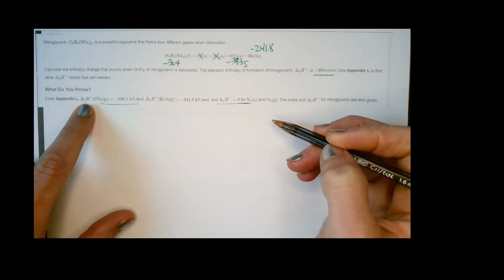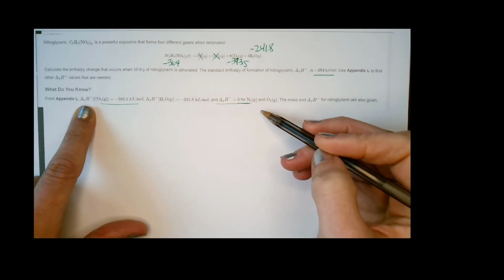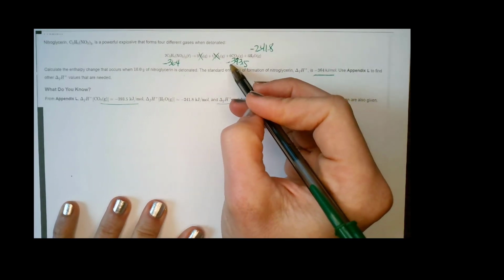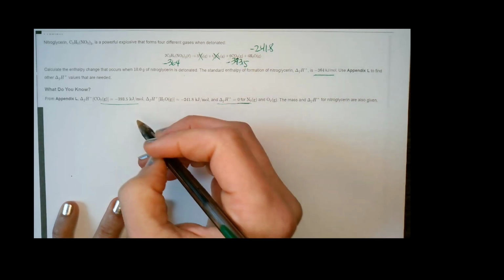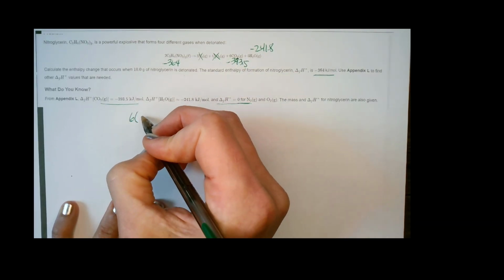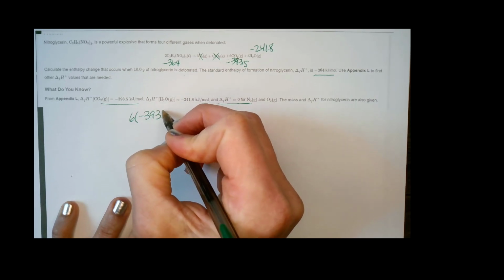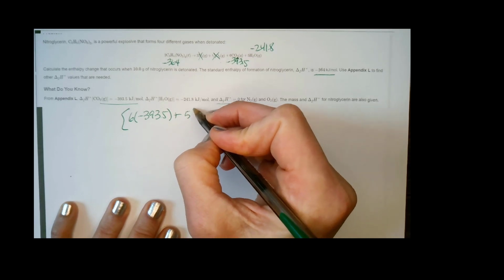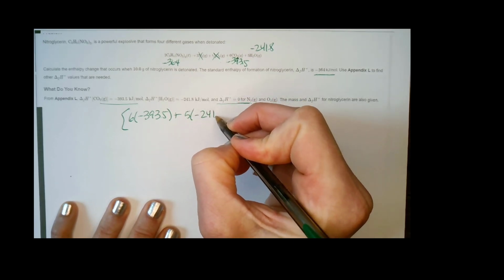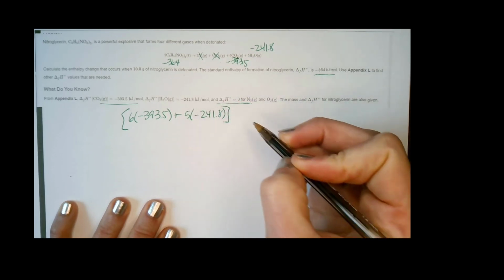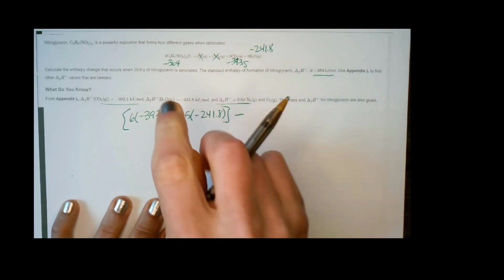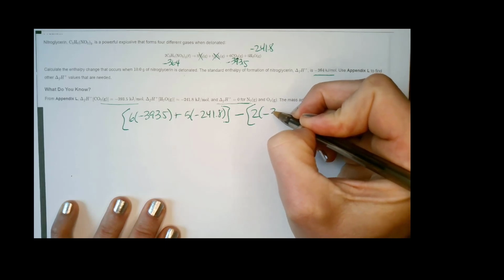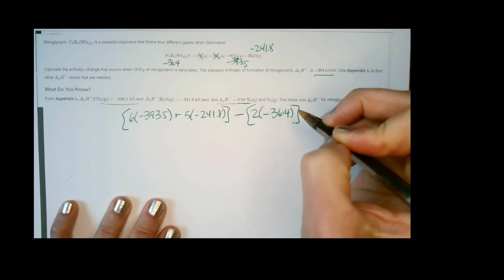So let's find our delta H for the reaction. We need to do products minus reactants. So I've got my products, 6 moles of negative 393.5 plus 5 moles of negative 241.8. That's my products minus reactants. I have 2 moles of negative 364.